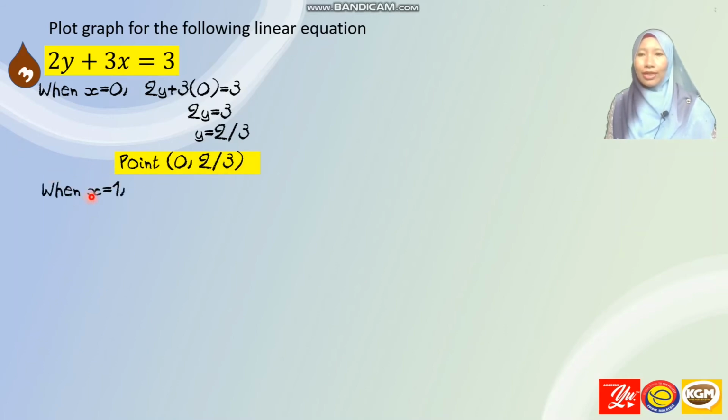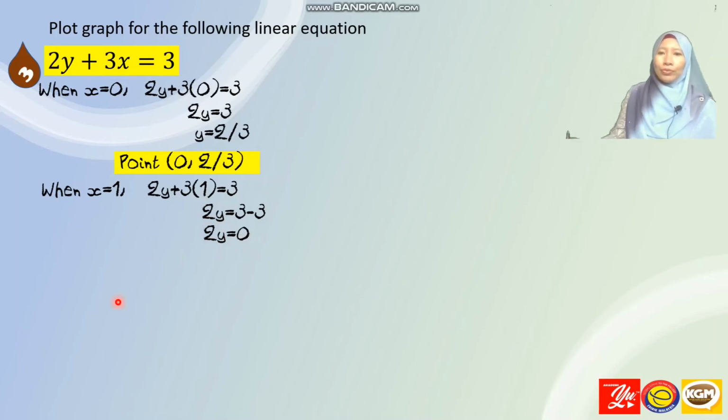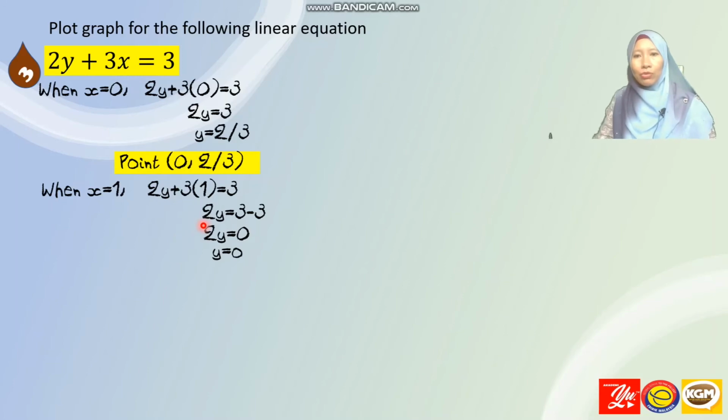We choose x equals 1, and then substitute x equals 1 into the equation. We get 2y plus 3 times 1 equals 3. So calculate the value of y: 2y equals 0, so y equals 0. Therefore, the second point is 1, 0.